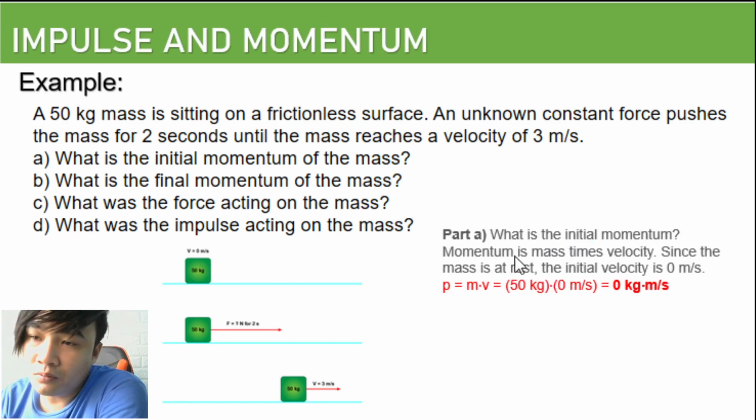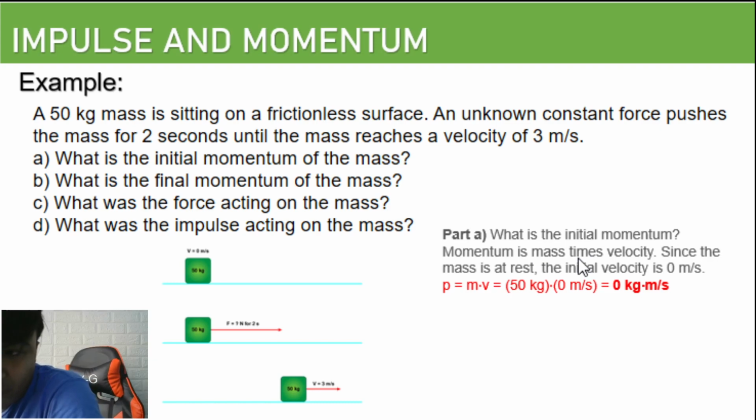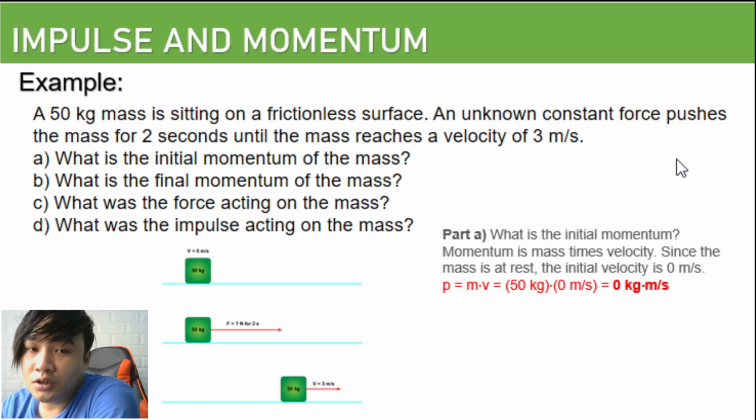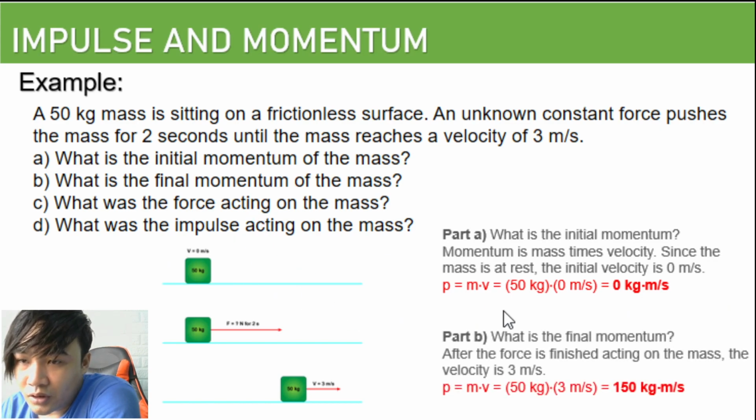So the momentum is the mass times velocity. Diba? Dahil nga 0 yung velocity niya, meaning P is equal to mv, 50 kg times 0 plus 0 yung momentum niya.